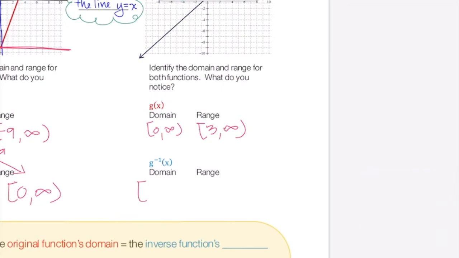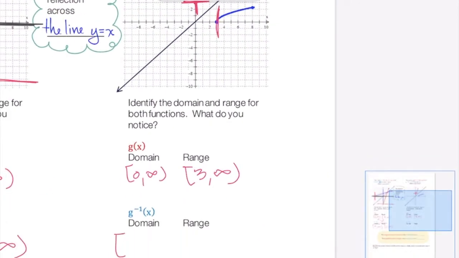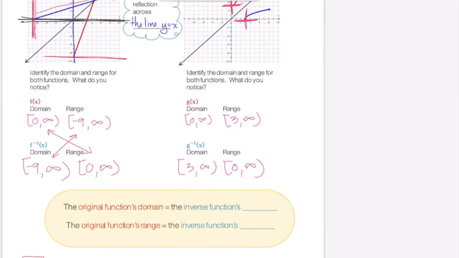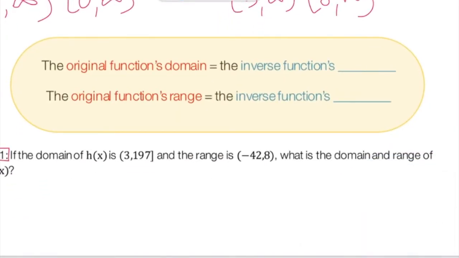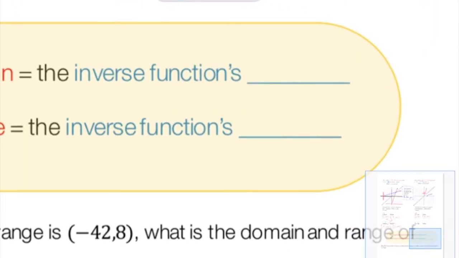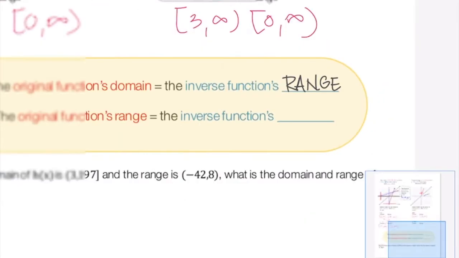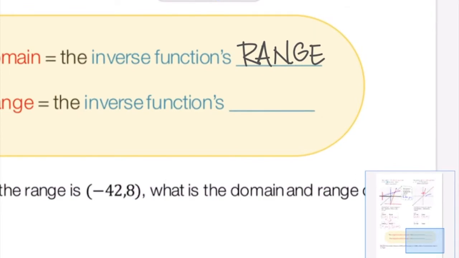The domain goes from 3 to infinity, and the range goes from 0 to infinity. So what's the rule? The original function's domain is the inverse function's range. And vice versa. The original function's range is the inverse function's domain.